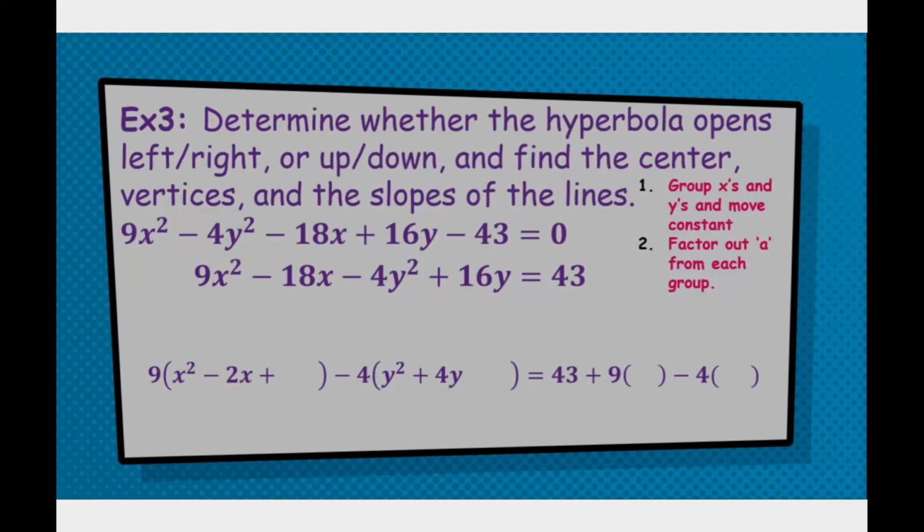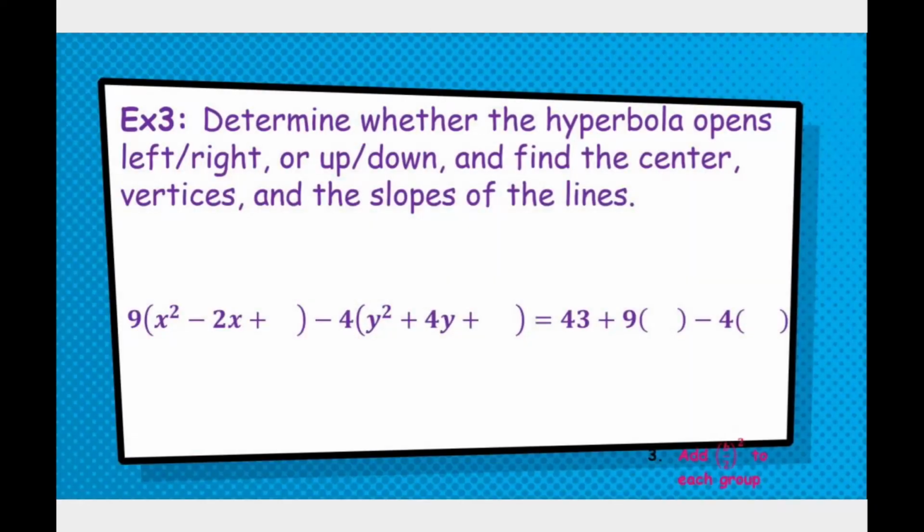So I factored out the 9 from the x squared and the -4 from the y squared. And then looking at that first group with the x's, if I do -2 divided by 2, so I'm going to add b over 2 squared to each group. So I do -2 divided by 2 squared, which is 1.